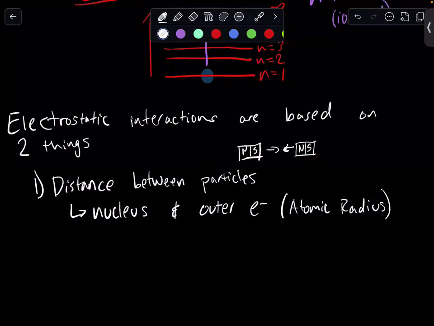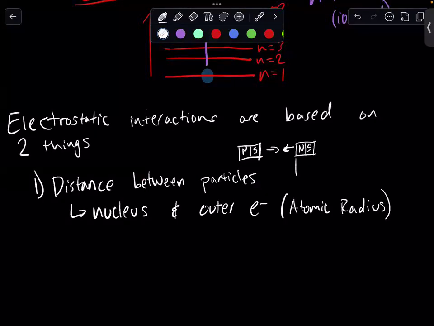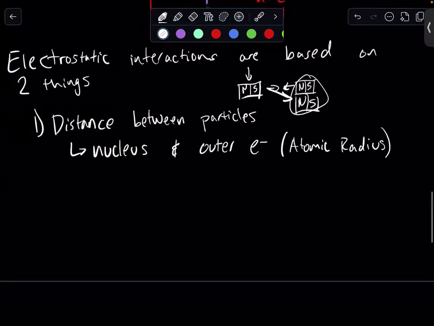The other thing that could change it is if you take your magnet and you add a second magnet, north, south, this magnet right here now feels double that force. So you've increased the magnetic pull from one side. For that, we say the magnitude of charge.